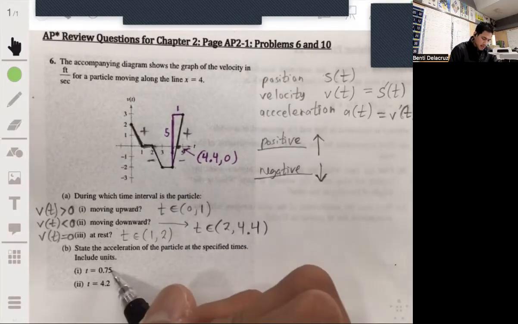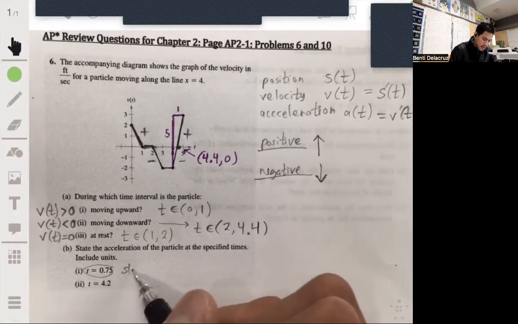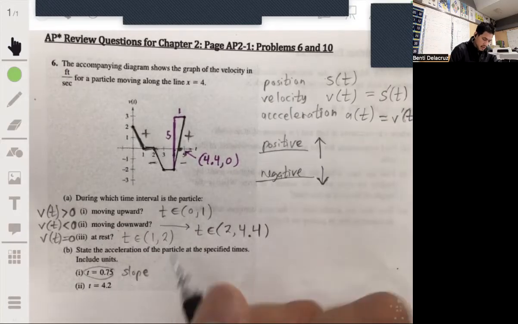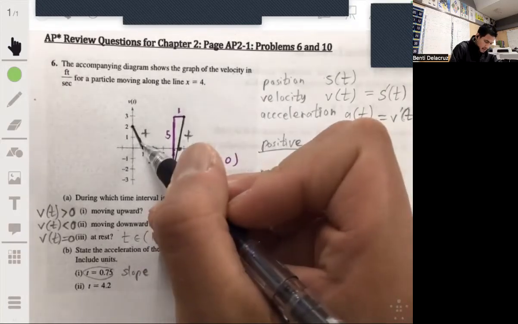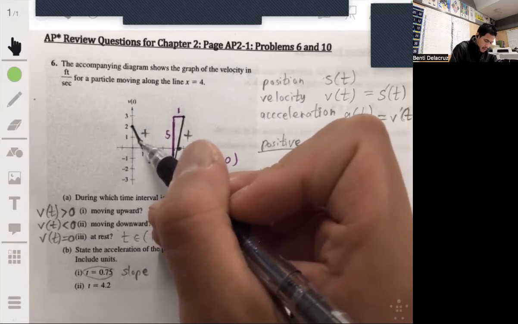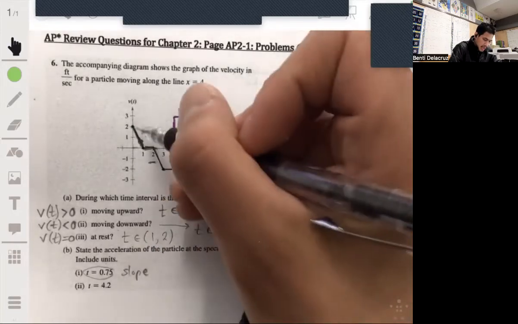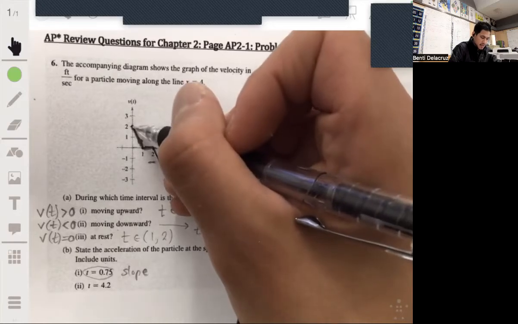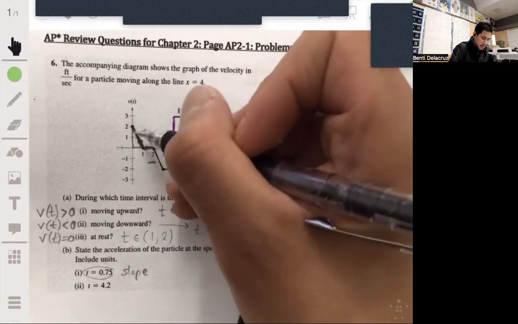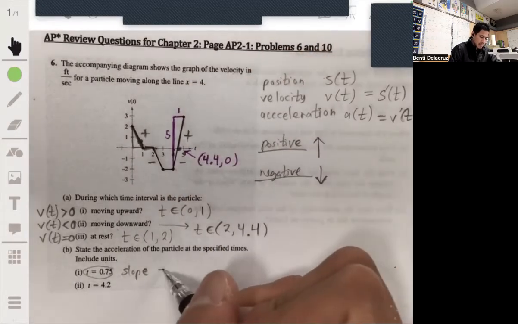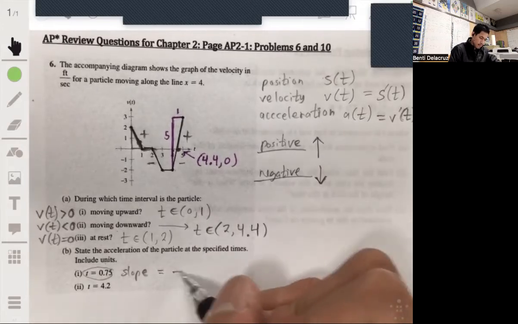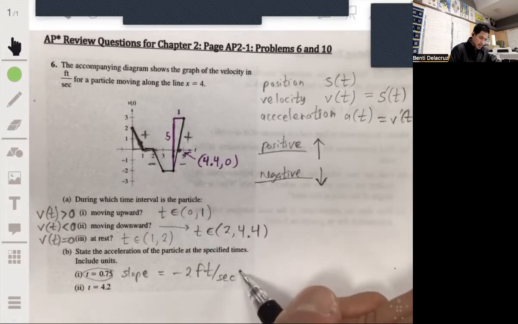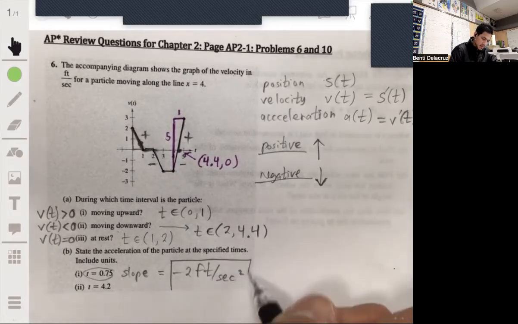So we want to look at the slope. What's the slope at t equals 0.75? So 0.75 is going to be somewhere in here between 0 and 1. And the slope along this whole line is constant since it's a straight line. So the slope goes down 2 and over 1. So the slope is -2 over 1, or -2 feet per second squared, since we're dealing with acceleration.